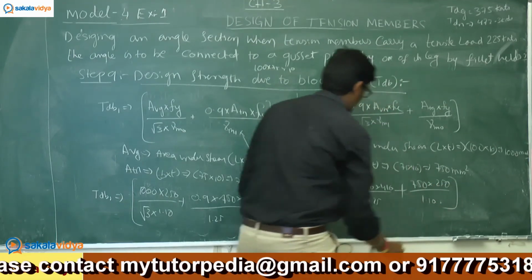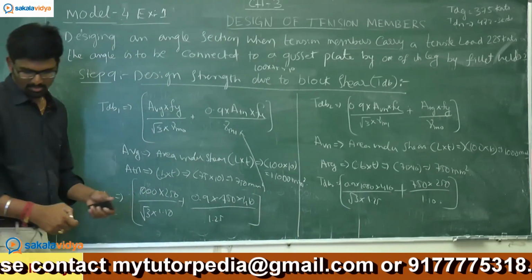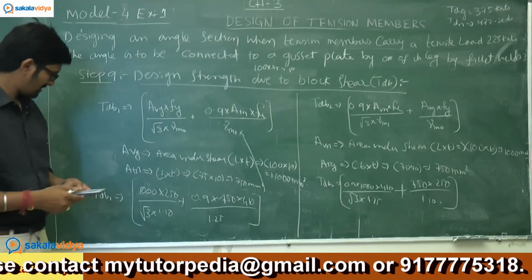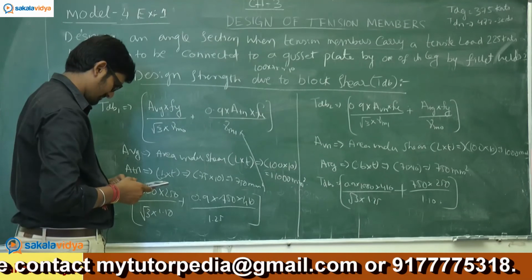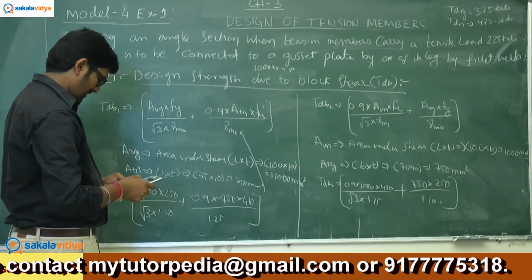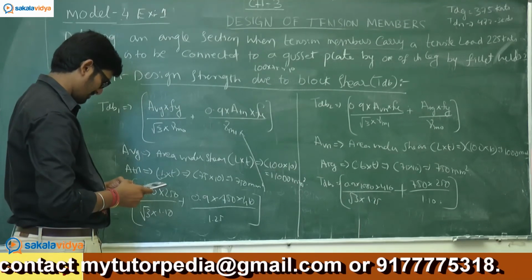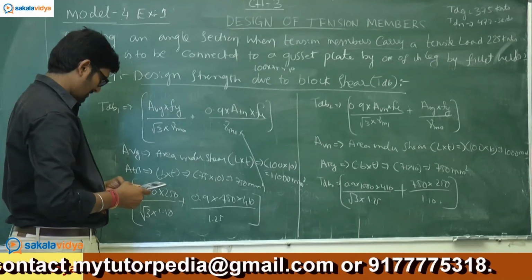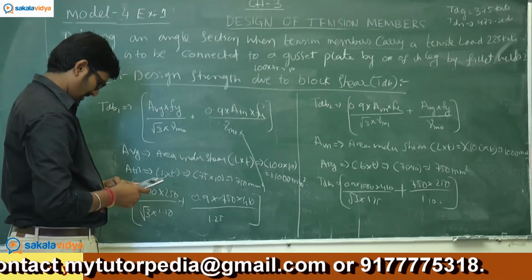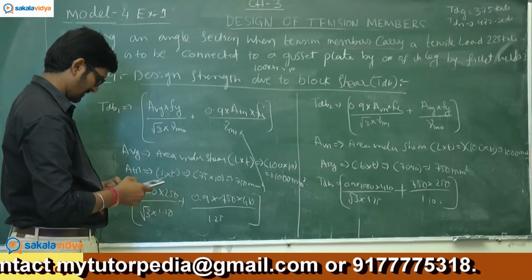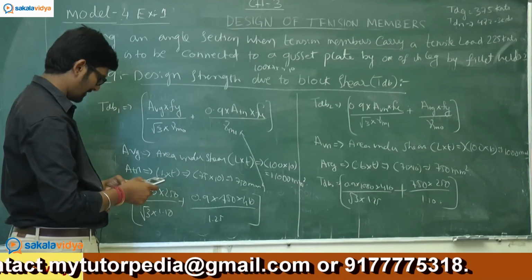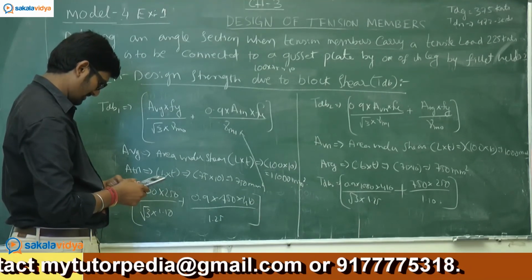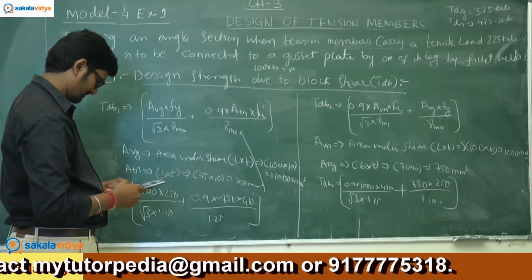Now let us calculate TB1, that is block shear 1, and block shear 2. Block shear 1: 1000 into 250 divided by root 3 into 1.10 plus 0.9 into 750 into 410 divided by 1.25.